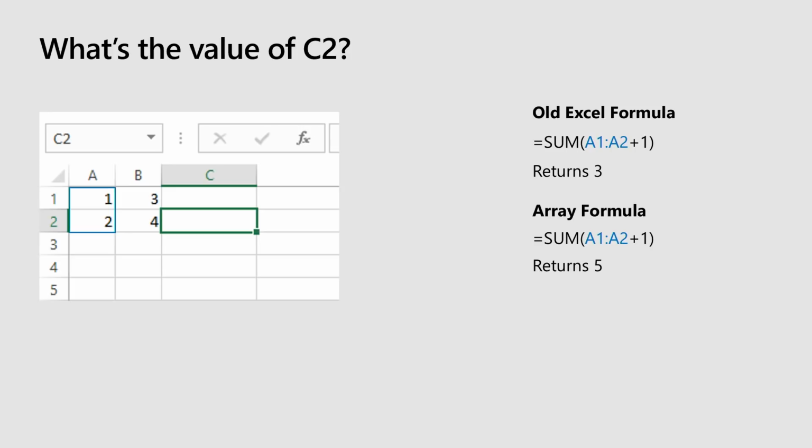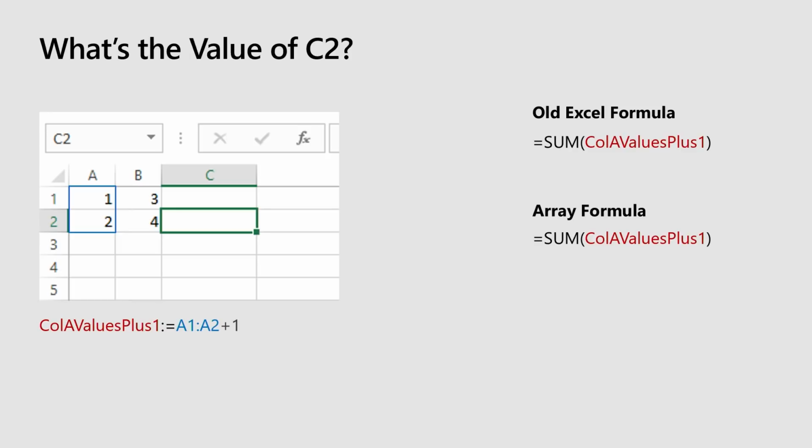And I now call that exact same thing, I'm just putting the name in here now. And I enter that as a regular formula, and now it gives me 5, and behaves the same as an array formula. So what's going on there? Anyone get 100%?